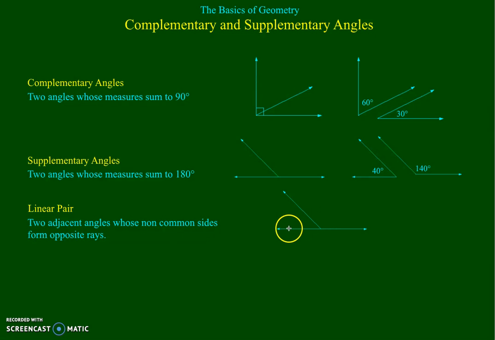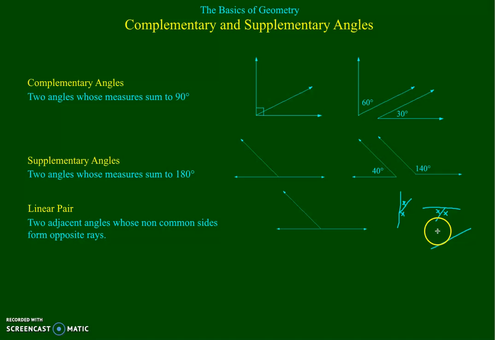So you can see that linear pairs are going to be supplementary. That is, the sum of their measures is 180 degrees. And so anytime you have two adjacent angles whose non-common sides form opposite rays, you're going to have linear pairs. Let's say that you see it like this. There is a linear pair, one here, one here, or this way, here and here.